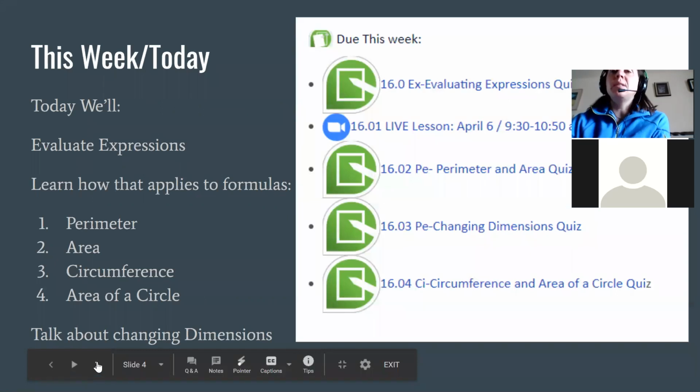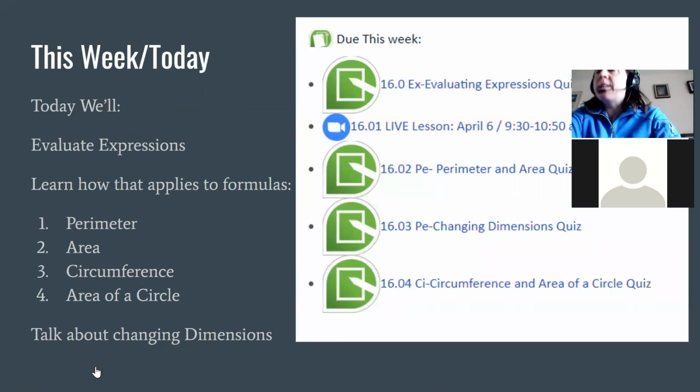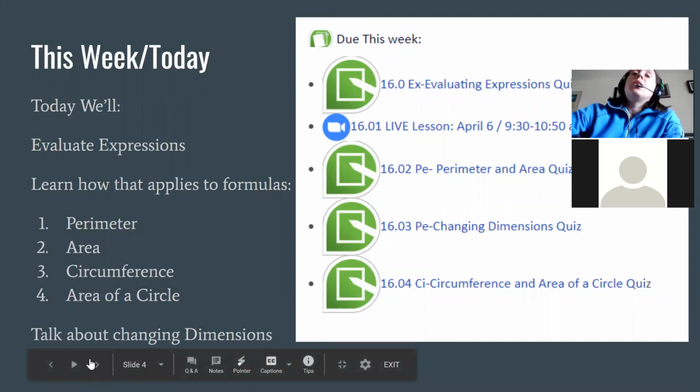So this is what is due this week. You have pretty much an assignment for every day, and you have the advantage of having live lesson on Monday. So we get a good overview, and then you have the week to work through your assignments. Don't forget that there's instruction on the Moodle pages, so let me encourage you to read through that if you forget stuff.